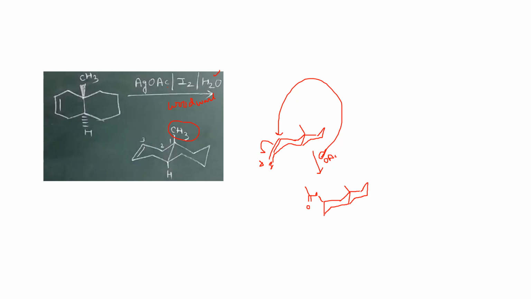In the next step, as I have shown in the mechanism, this acetate will attack again to this center and remove the iodine from this cyclic species.